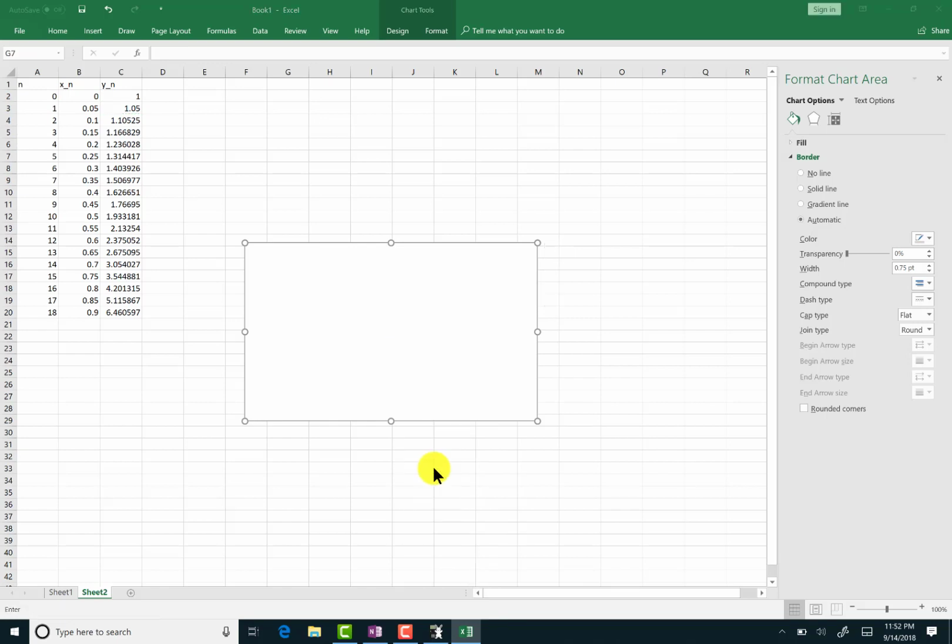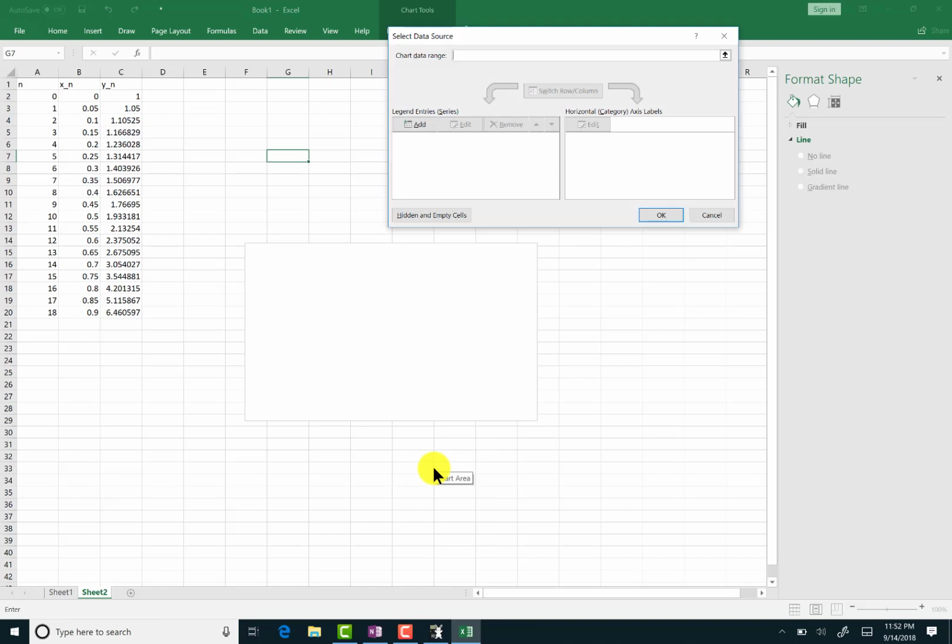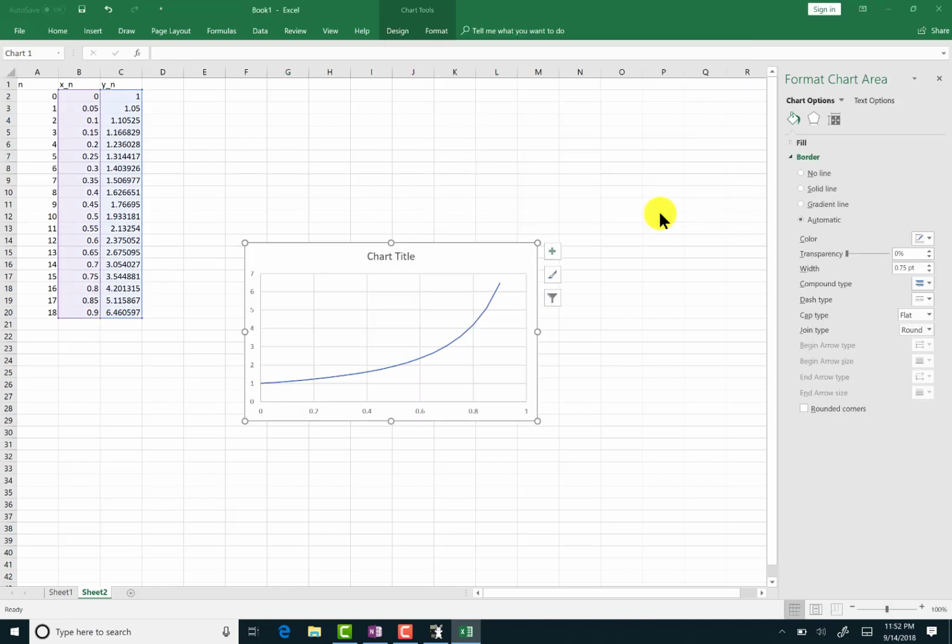I right click, by the way. And for my data source, all I've got to do is start at x0, move to the right to include y0, and then scroll down. I believe Excel will automatically make the left column x's and the right column y's. We'll take a look. And there you go. It certainly looks like the case. It looks like the x values are down here and the y values are along there. And there you go. You have your solution curve or approximate curve.